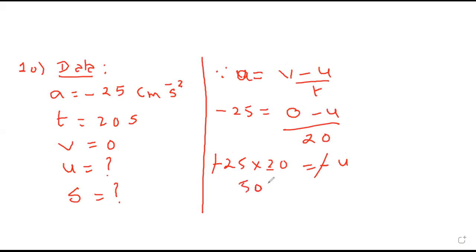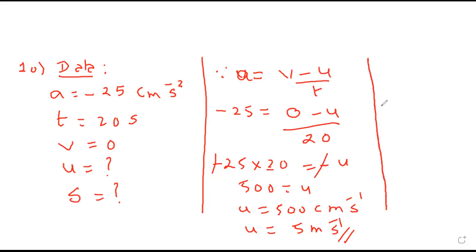So 500 equals to U. Therefore, U is 500 centimeter per second or 5 meter per second. I got U. Now we are interested in distance. U we know, time we know, acceleration we are knowing. So you can use any formula.